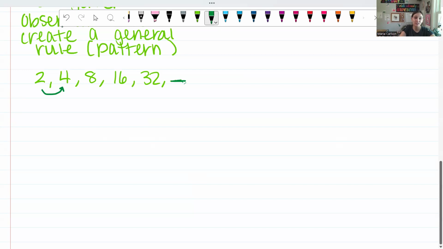So it looks like we either added 2 or even multiplied. And then to get from 4 to 8, oh, it looks like we are multiplying by 2 here. To get from 8 to 16, you'd multiply by 2 again. So we're multiplying by 2 to get to the next term in my pattern using inductive reasoning. I'm going to multiply 32 times 2, which is 64.